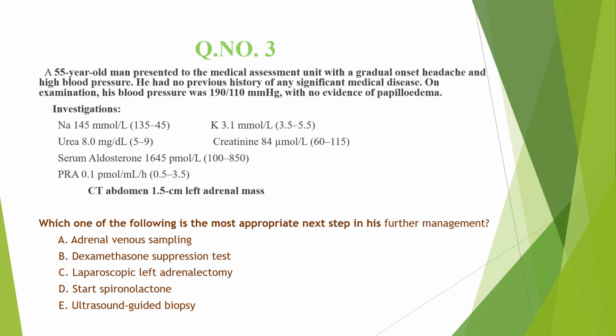So in these kinds of patients, you have to go for adrenal venous sampling, option A, to localize whether the lesion is on the right side or left side.